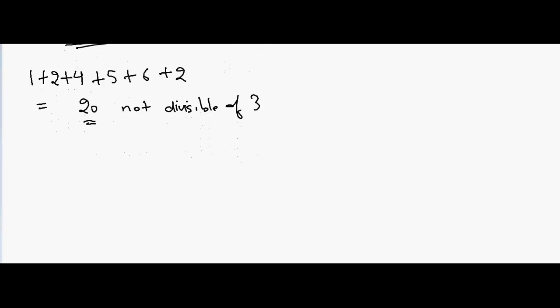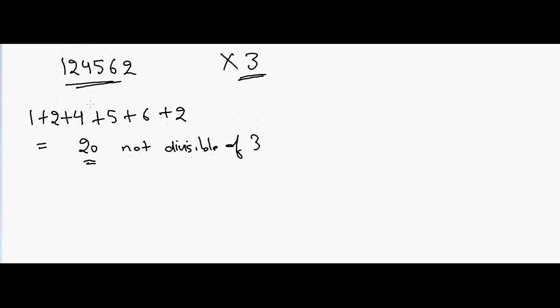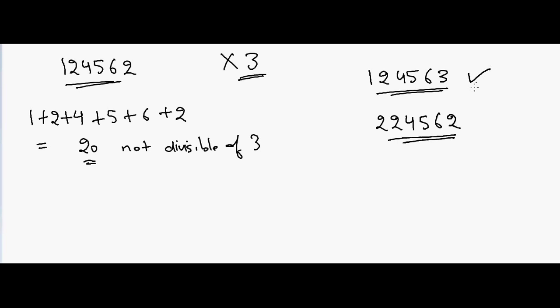So what should the number be if it has to be divisible by 3? Instead of 2, if you make it 3, so 1 2 4 5 6 and write 3 in the end, then the sum will become 21, so that number should be divisible by 3. Or we can change any other digit. We can say 2 2 4 5 6 2, that should also be divisible by 3.